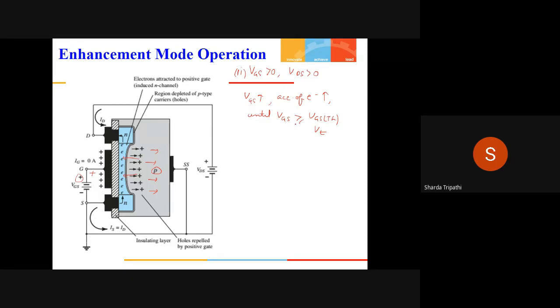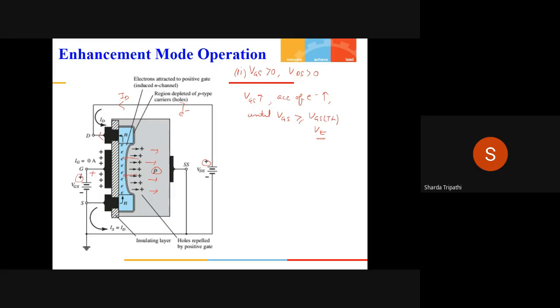So until VTH is reached, electrons will keep accumulating here. And once this threshold voltage is reached, then this accumulation is good enough to support a flow of current into this transistor. So now the electrons can move out from the drain towards this positive side, thereby creating the drain current to flow from the drain to the source. So this is my flow of electrons, and this will be the direction of flow of current.